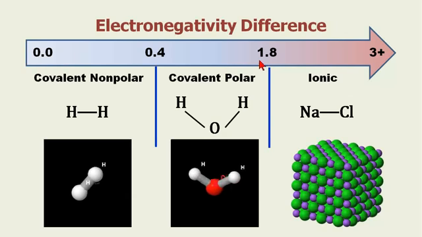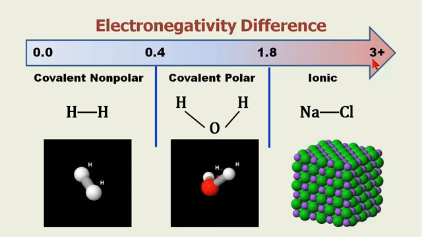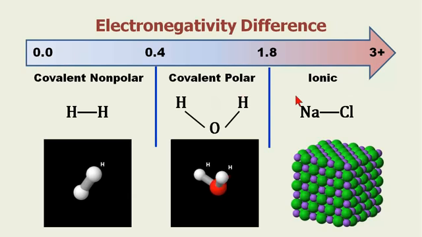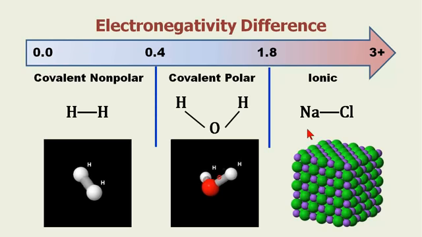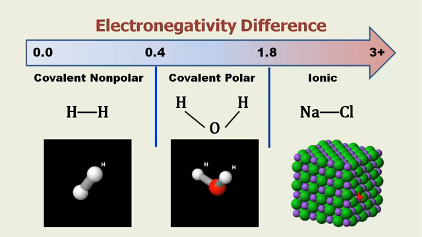And when we start getting a difference somewhere between 1.8 to 3, really the electrons move all the way across, and it's no longer considered shared, but it's considered a case where it's transferred from the sodium to the chlorine, and we represent that like this little figure here.